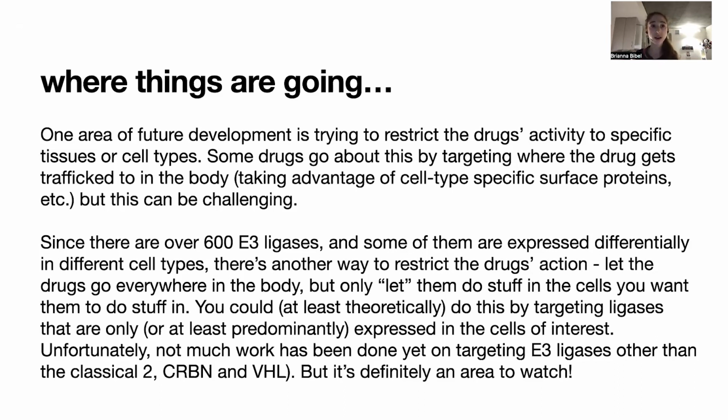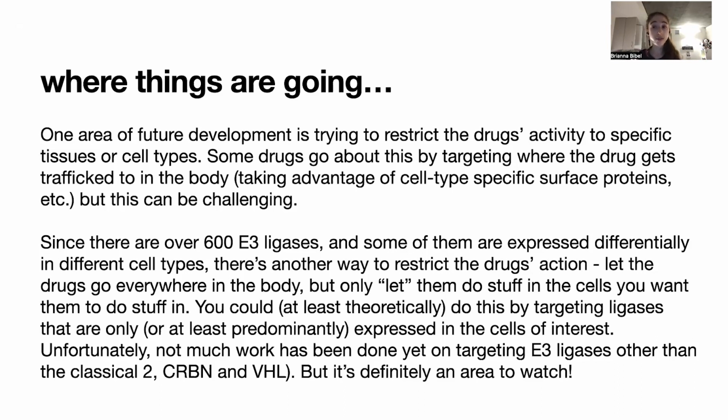But with this strategy, what you can do with these PROTACs is you can actually get them, in theory, to use a ligase that is predominantly expressed in just a single cell type or just that single tissue type that you're interested in.